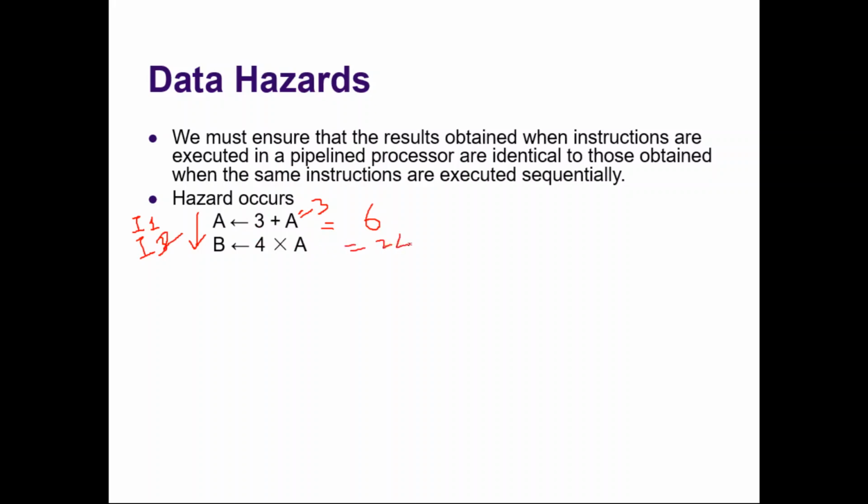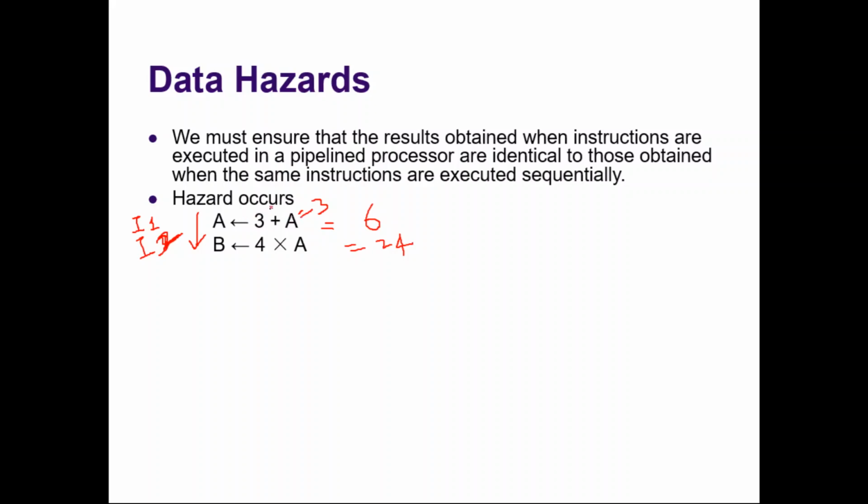But if these two instructions execute concurrently, there is a chance of wrong output. Before this instruction starts, the value of a is 3, so it will assume a as 3.